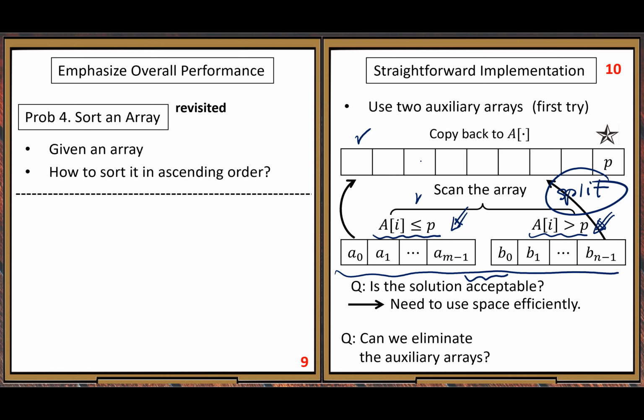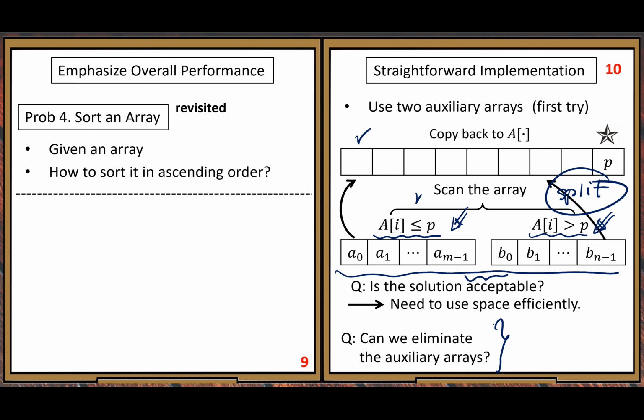So our next task is to reduce the amount of extra space. How to reduce? What is our goal? Eliminate the auxiliary arrays. That's the main task we need to work out next. Now let me describe the idea.